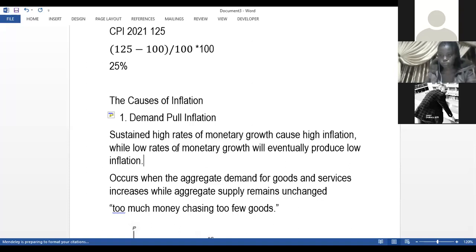So whenever we have an increase in demand and there's no increase in supply, it results in pressure on the available goods and services within that economy. As a result, it would lead to an increase in prices because that demand would pull the prices upwards, because there will be too much demand for the goods that are there within the economy.